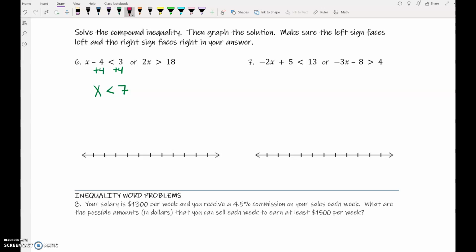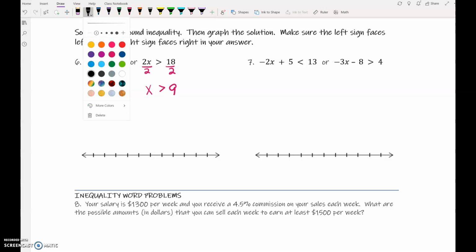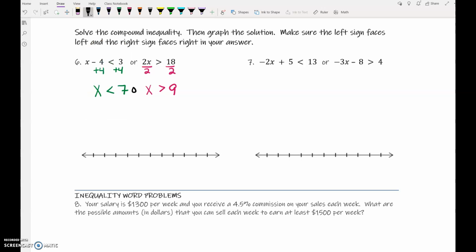For the other inequality, we divide by 2: x is greater than 9. Put the word or in between them, and that is your answer: x is less than 7 or x is greater than 9.